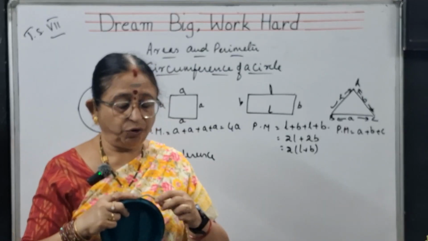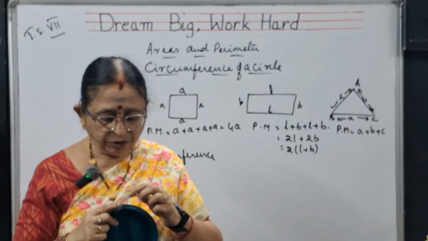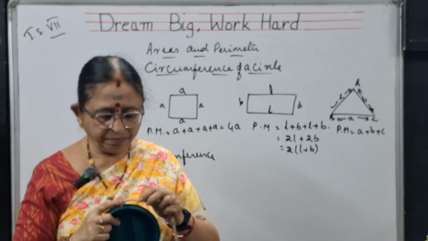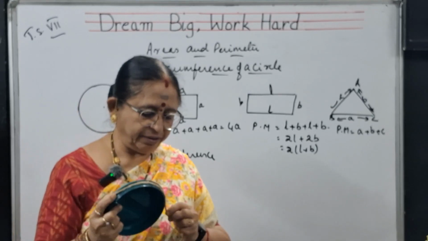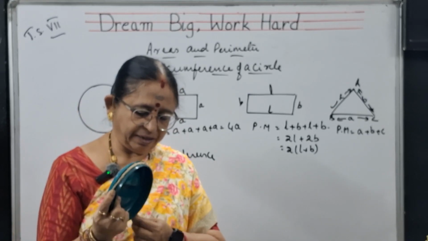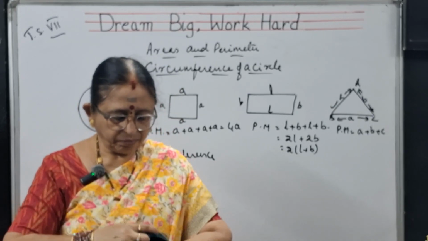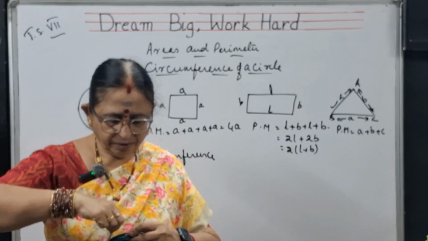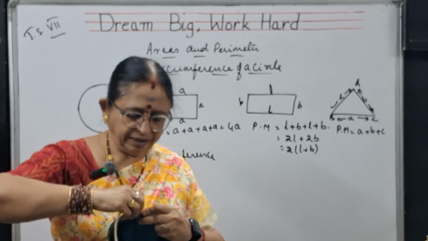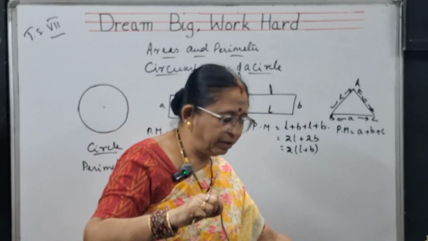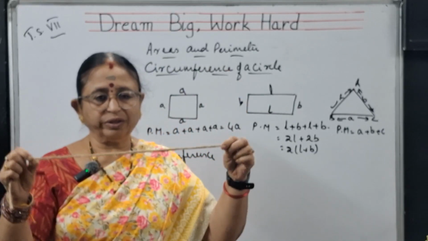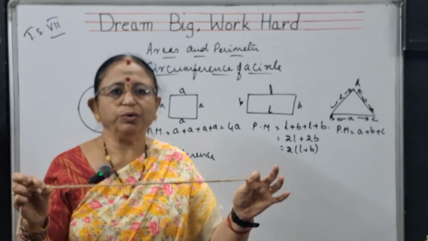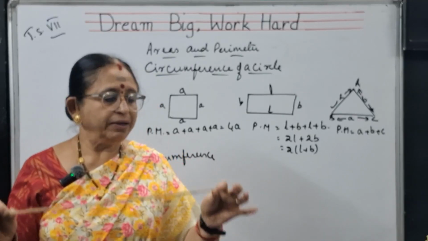Usually, you have done this in your lower classes also, children. If you keep a rope like this and circle it around the entire circle, up to here it has come. So this whole length, if you measure it with a scale, will give you the circumference of a circle.